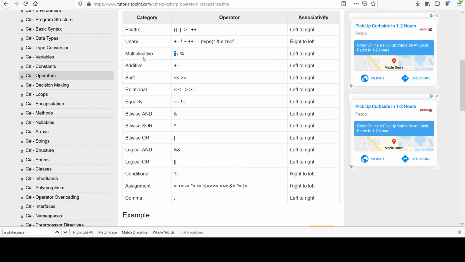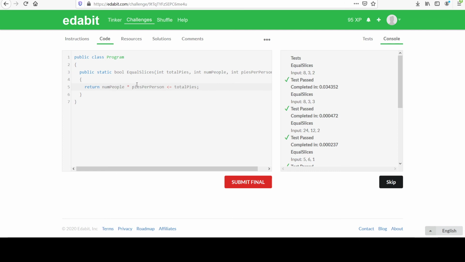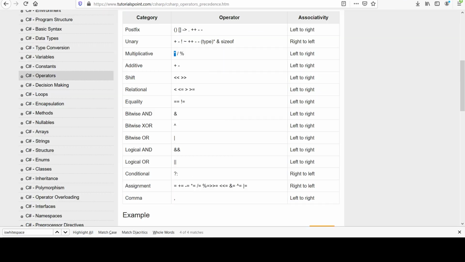Notice that multiplicative appears higher in the list than relational. Therefore, this operator is going to fire off first. It's going to perform this multiplication first, and whatever's left over here, whatever product, is going to be compared against total pies.